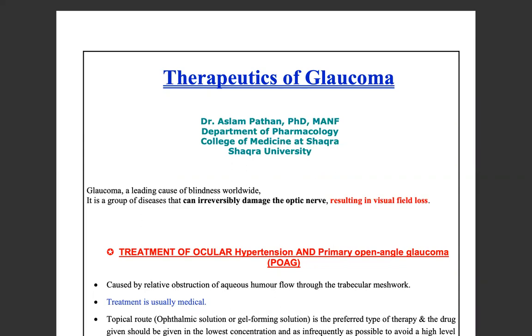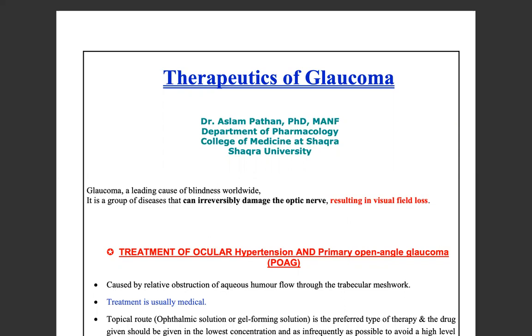So glaucoma is an eye condition in which there is increased intraocular pressure, which may damage the optic nerve and may lead to blurred vision and blindness.